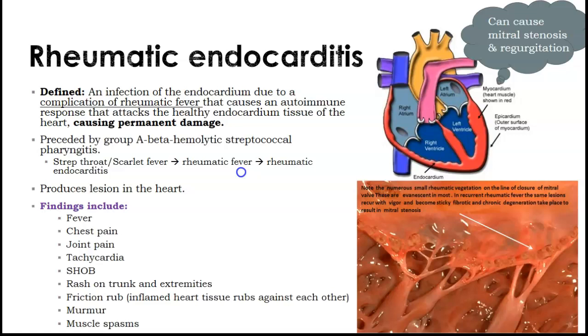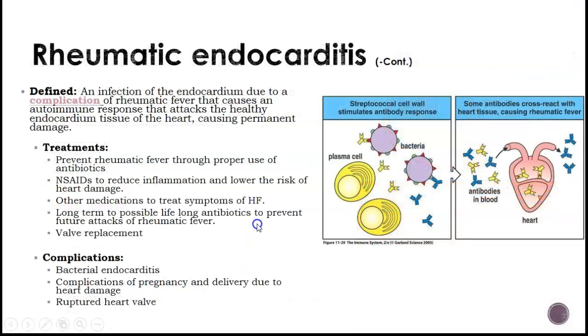Some of the results of this is that it can cause mitral stenosis and regurgitation. The damage is permanent. When we see rheumatic, think autoimmune. So the findings, I would focus more on the things that cause joint pain, chest pain, rash. Those are going to be a little bit different than some of the symptoms of the other itises.